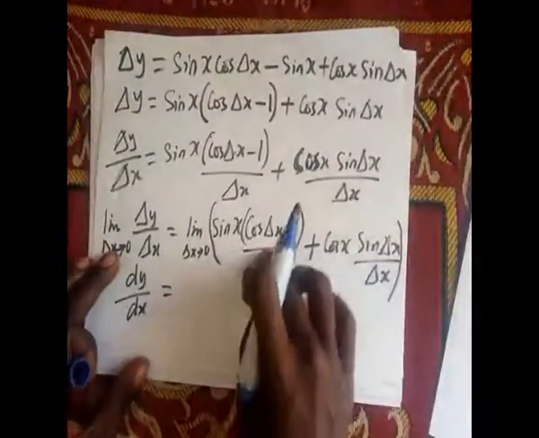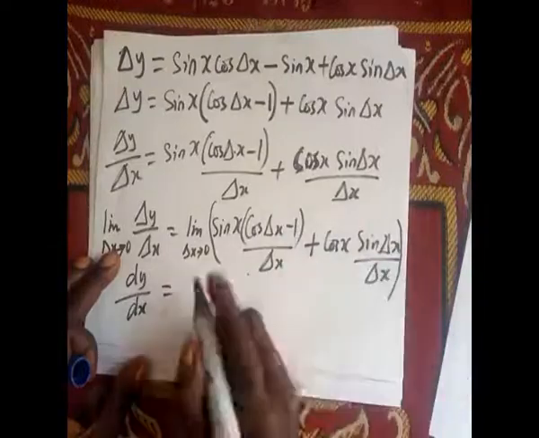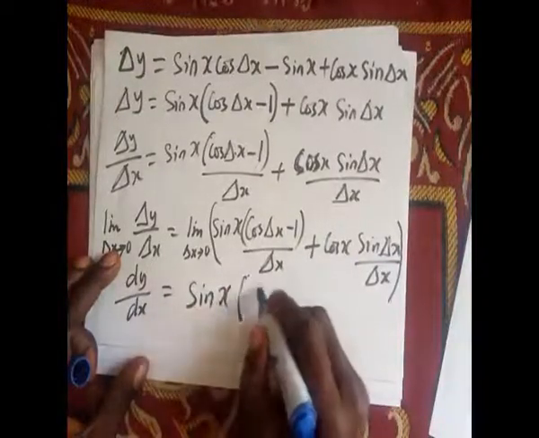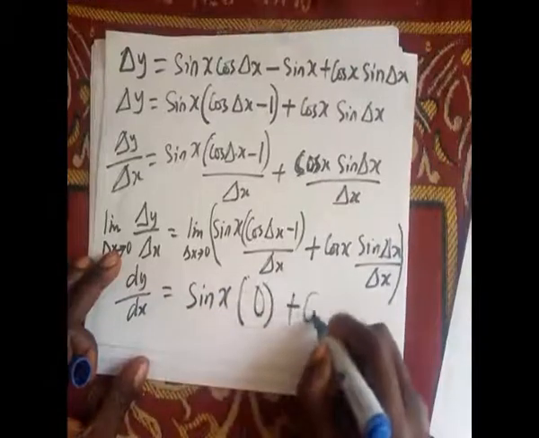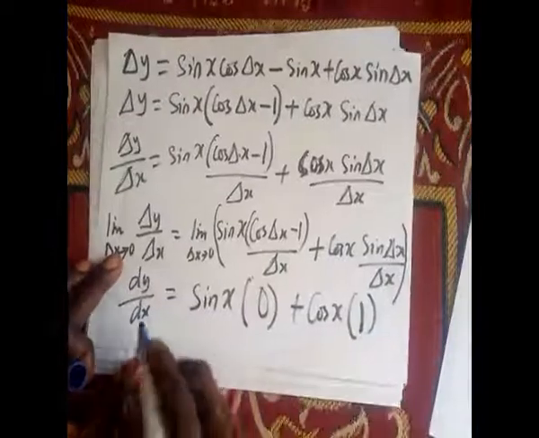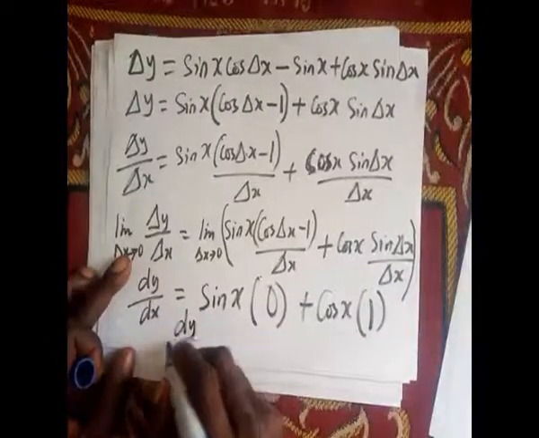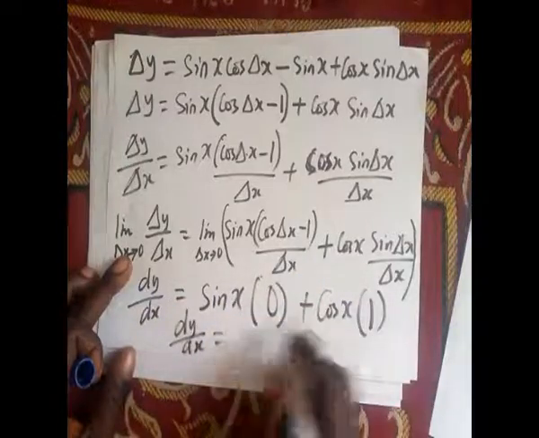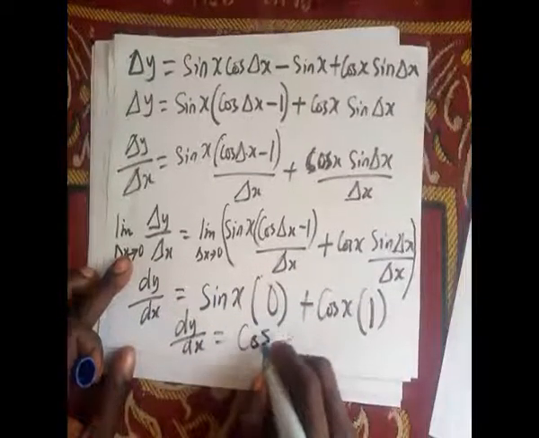So this one is going to be 0, then this one is going to be 1. So we have sine x multiplied by 0 plus cos x multiplied by 1. So dy/dx equals, this is 0, then this is cos x, so cos x.